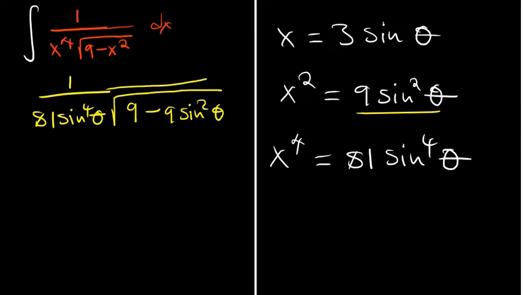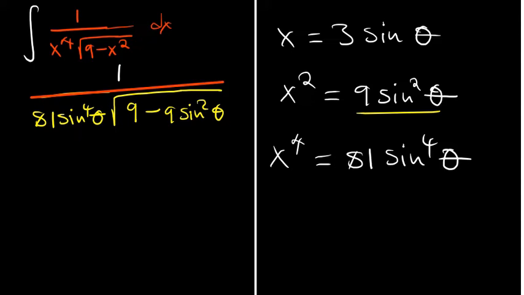Let me draw a longer line there, and then you can center the 1 a bit. So we have 1 over that. We've just substituted the value of x everywhere.